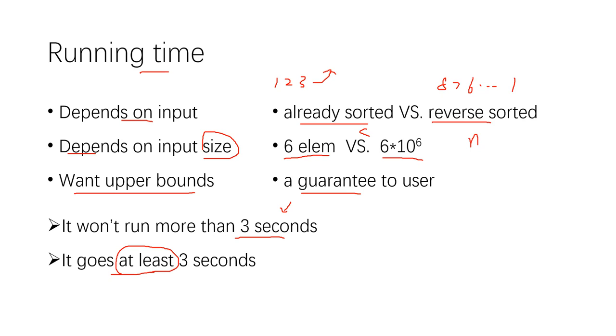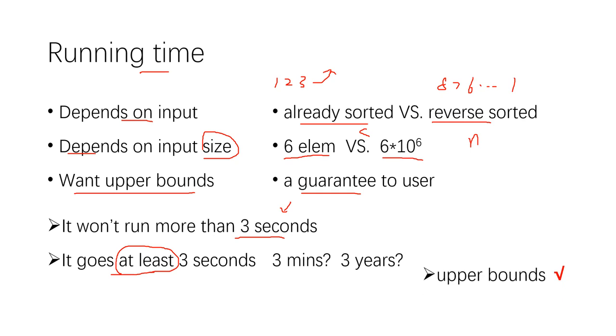At least 3 seconds. No, it doesn't give us any information, because we don't know what exactly the total time we'll spend on this program. It's probably 3 minutes, and it's probably 3 years. So it won't give us any promise or any guarantee.